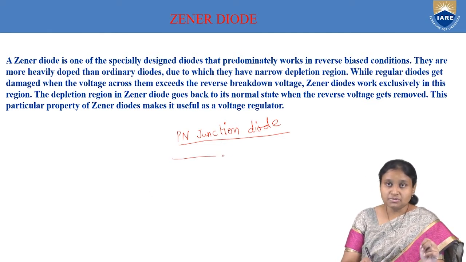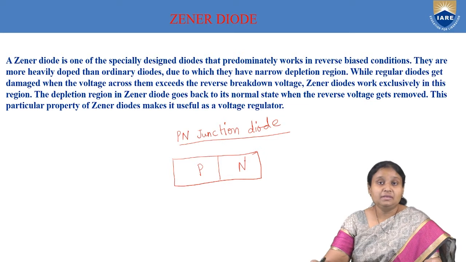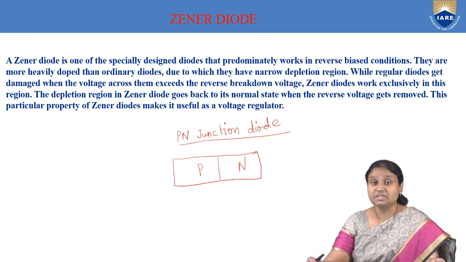First we take a P-type semiconductor, and then we take an N-type semiconductor. When this P-type and N-type semiconductor are joined together, that particular system is called a PN junction.